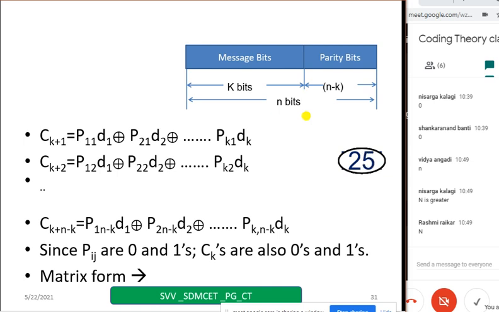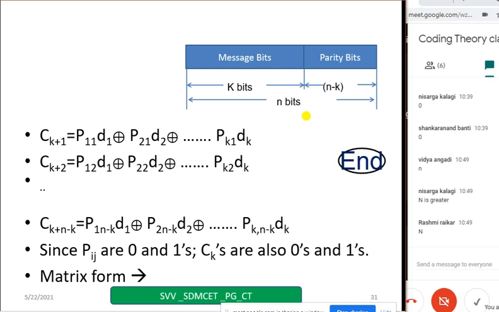Similarly, Ck plus 2 equals P12 D1 mod 2 addition, P22 D2 mod 2 addition, continuing up to Pk2 Dk. So the last one, Ck plus n minus k.